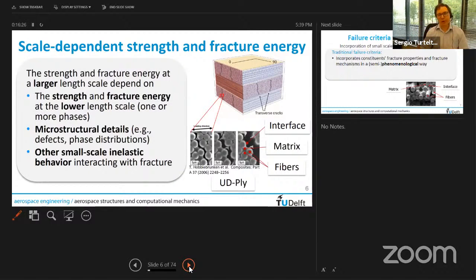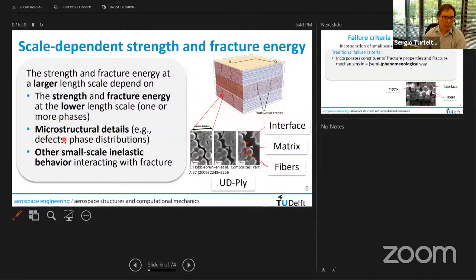And so the strength and the fracture energy at the lower length scale is different than the one at the larger length scale. The effective properties will depend on the constituents, but also on how they are laid out, so in terms of different plies, orientation. So it has to do with the microstructural details.